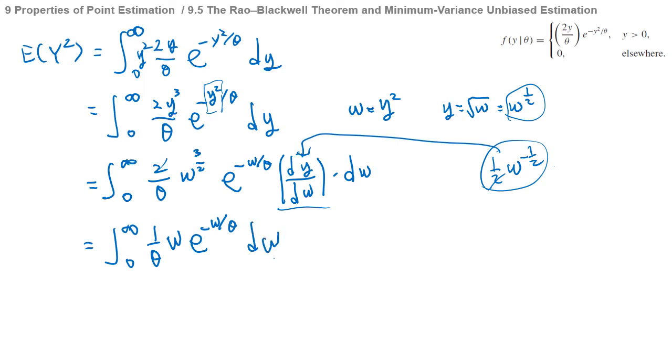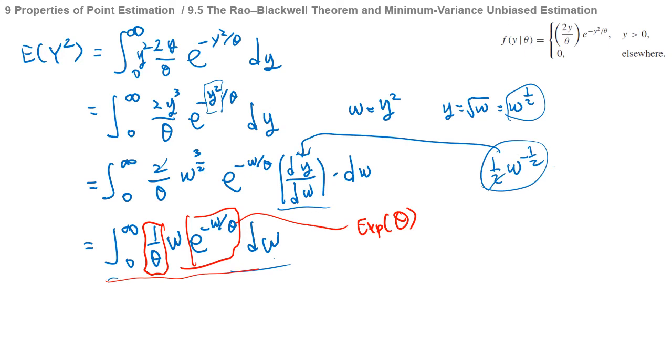And actually this part, 1 over theta times e to the minus w over theta, is an exponential distribution with parameter theta, and the whole equation is calculating the expected value of an exponential distribution.